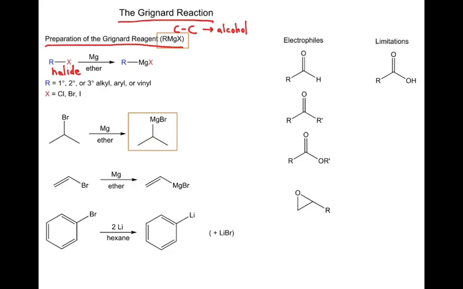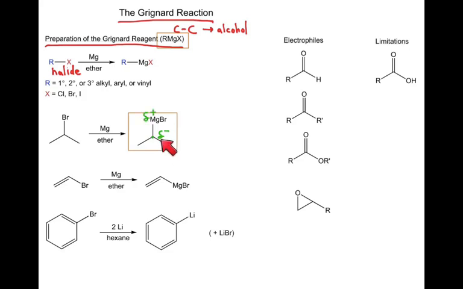Kind of looking into a little more detail about our Grignard reagent, this carbon-magnesium bond is a very, very polar bond. And in this case, magnesium is less electronegative than carbon, so these two electrons are not shared equally between the carbon and the magnesium. Carbon in this case is more electronegative than magnesium, so the carbon actually has a partial negative charge, whereas the magnesium has a partial plus.